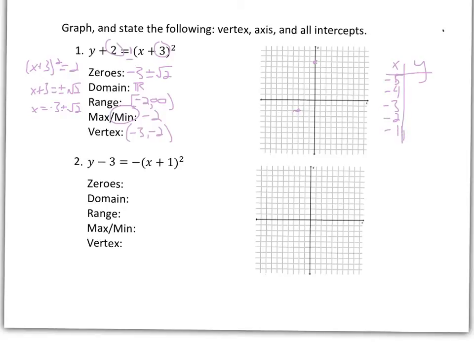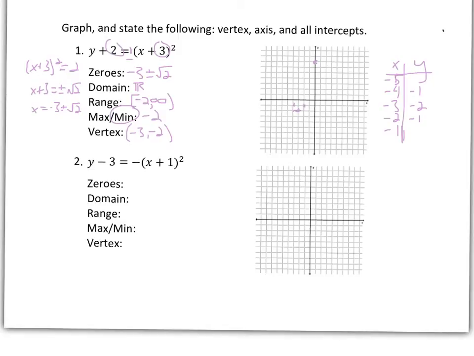Right, so I already figured out the vertex, the y value of that is -2. Now, I just need to plug each of these in and figure out what we're going to get here. So if you plug in -2, you're going to get -1. -4 is also -1. So I can write those in.